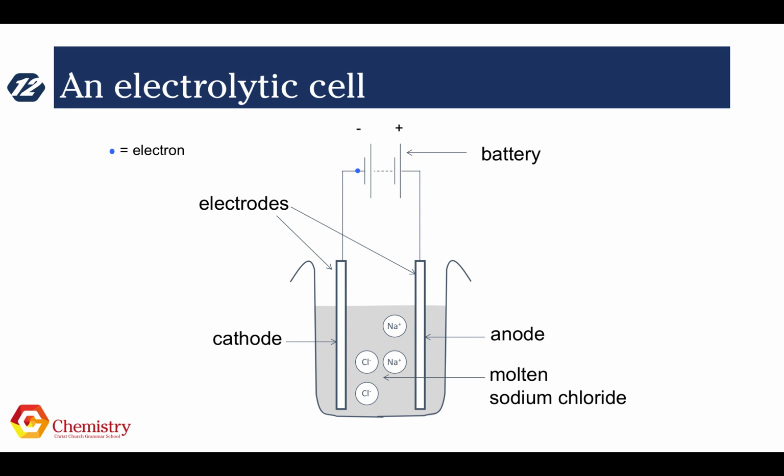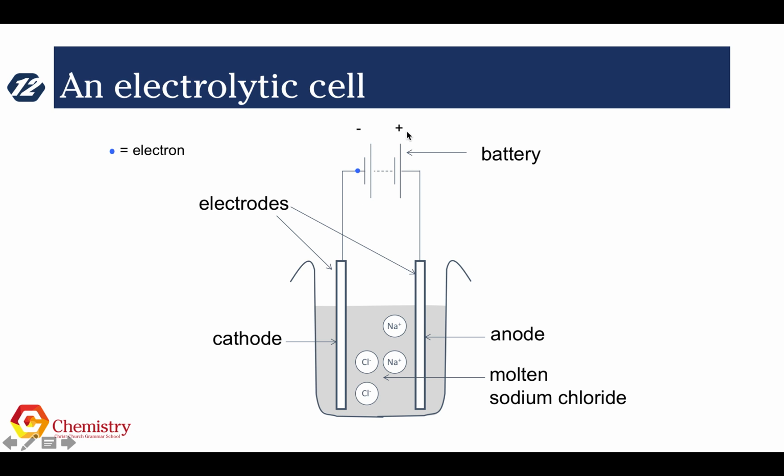Now, there's a little bit of a grey area, and the grey area is aqueous solutions, and I'll probably deal with those in another lesson. So you can see here on the electrolytic cell we've got a source of electrons, in other words our battery.